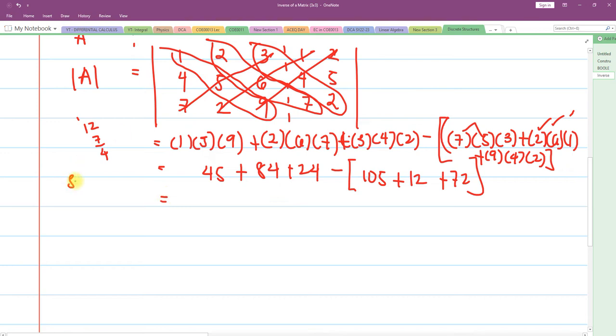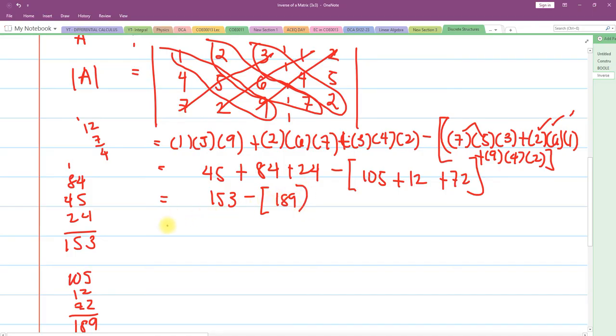First we add these: 45 plus 84 plus 24 gives 153, minus 105 plus 12 plus 72, which is 189.